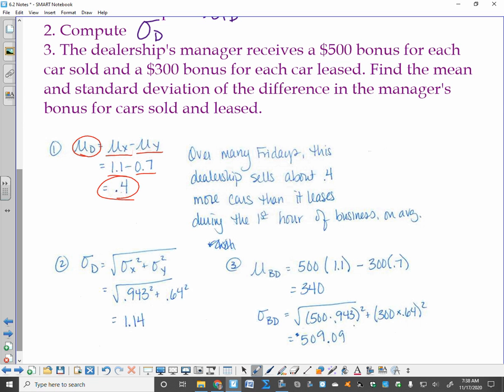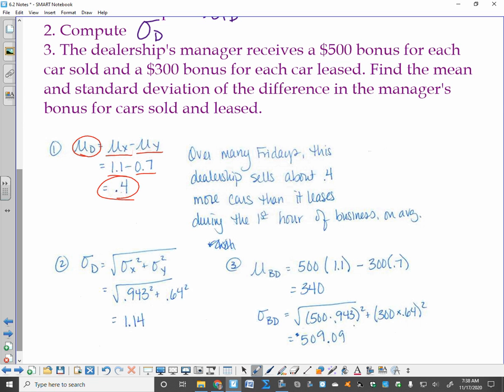And that gives me 1.14. And that just says that typically the difference between the number of cars sold and the number of cars leased will vary by about 1.14 cars. And always use units of measurement when you can. Again, it shows the reader that you understand what you are finding.